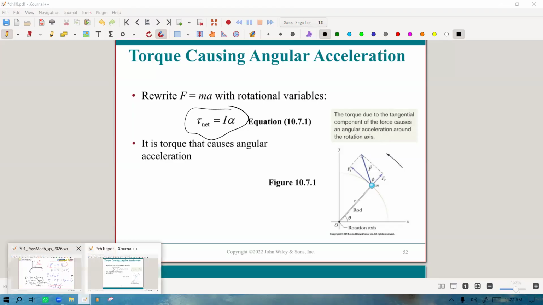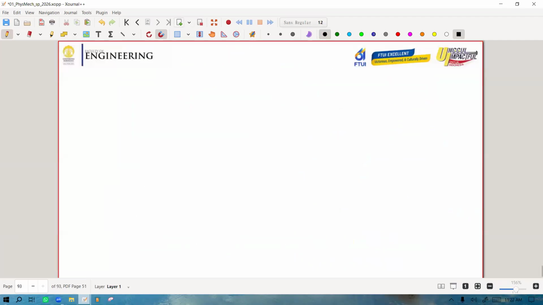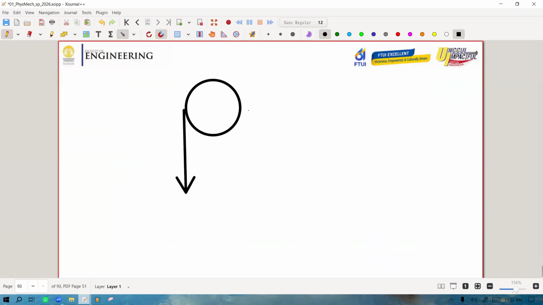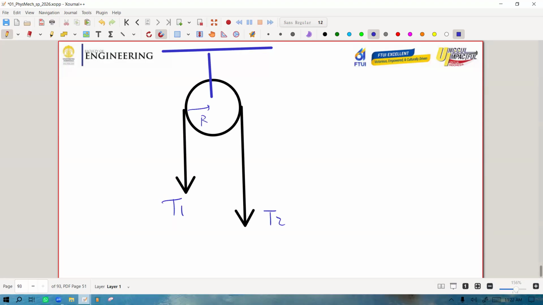So the application for this one, for example, is rotation in a pulley. Imagine that we have this one. We already studied tension force, right? So there is T1 and then T2. This one is R. In this case, the tension will be different.